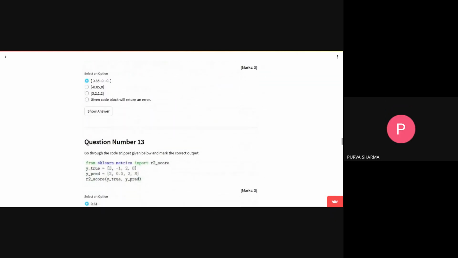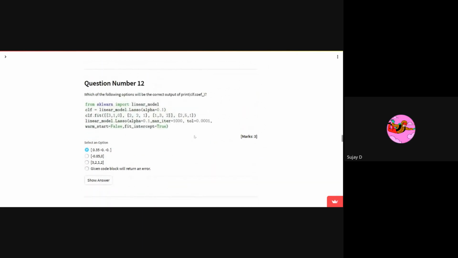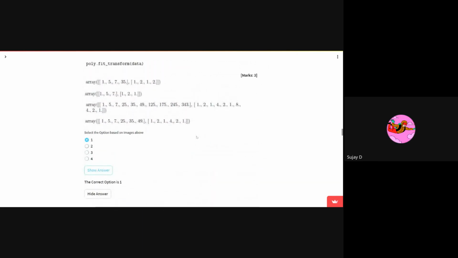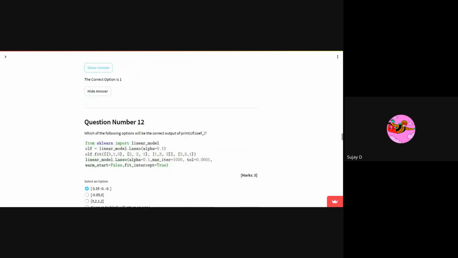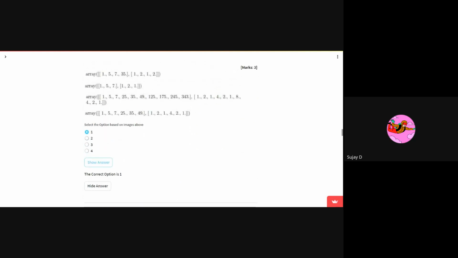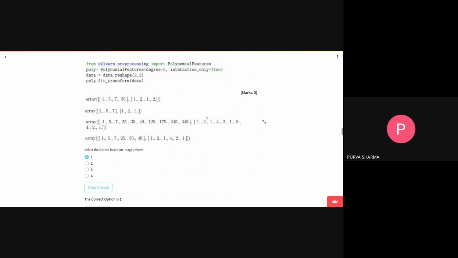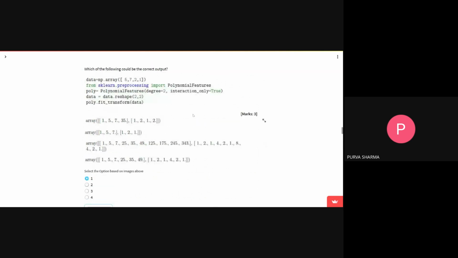Ma'am, in the above question, if degree equals 3, then we need to consider x y square, y x square, all those interactions, correct? Only we will remove x square and y square here. Why are we removing x1 square and x2 square?